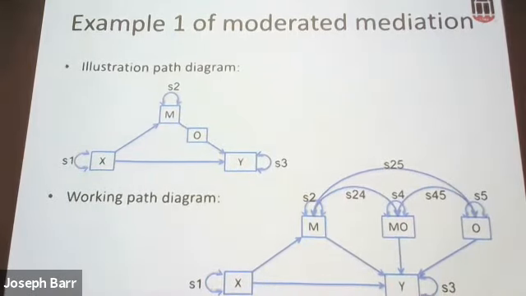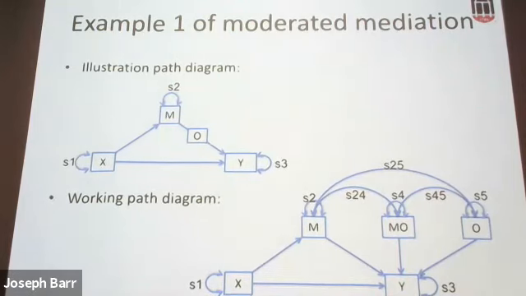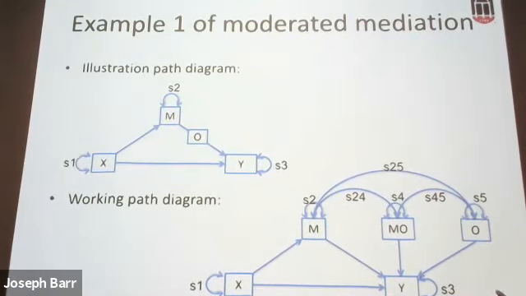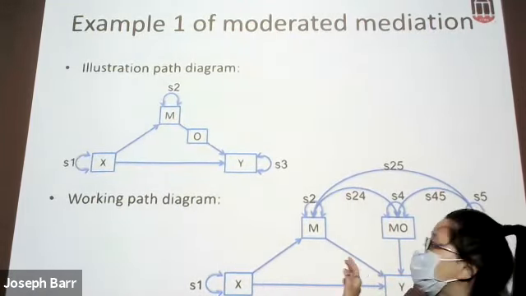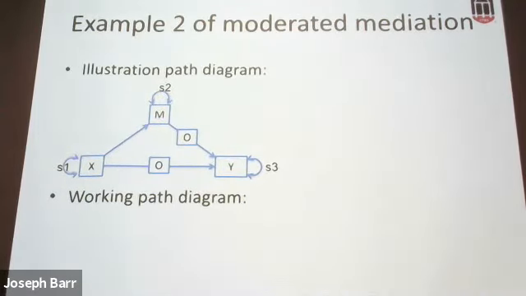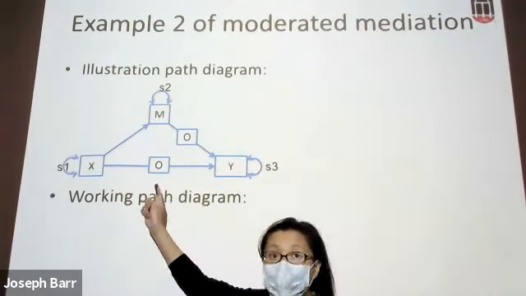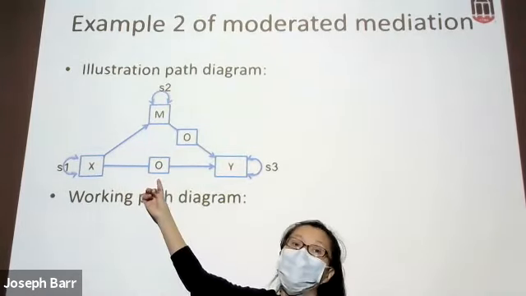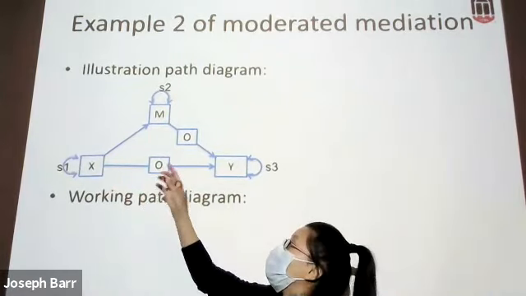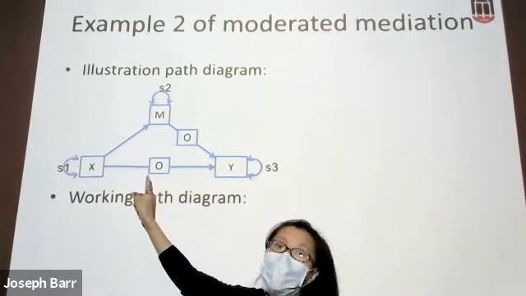So this is a model we're trying to work on. Any question? This is a translation of this test model. And we may have this case. The direct effect might be moderated by the same moderator here. So I use this symbol to show that this is a moderator on this path.